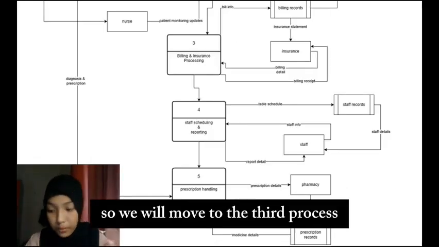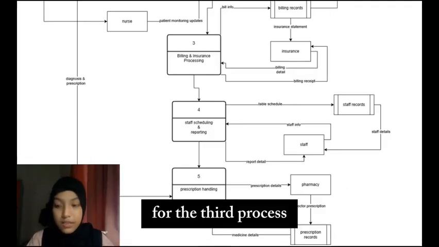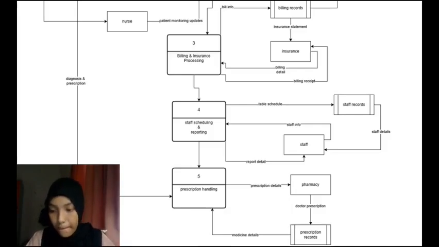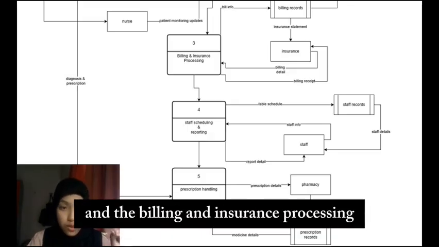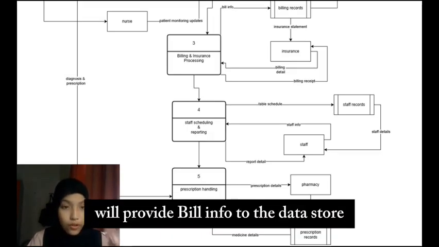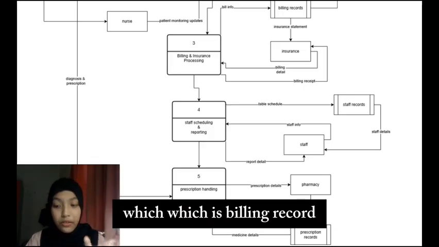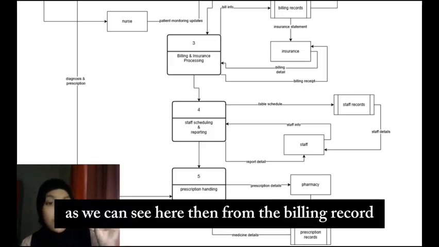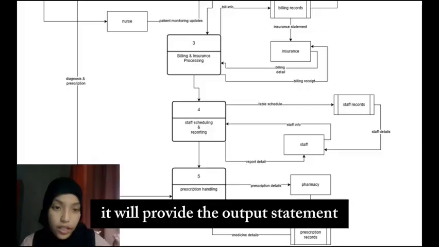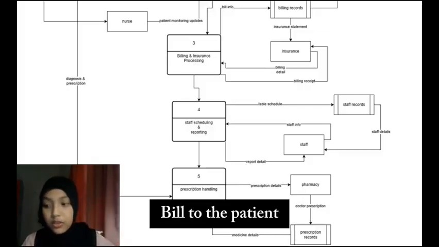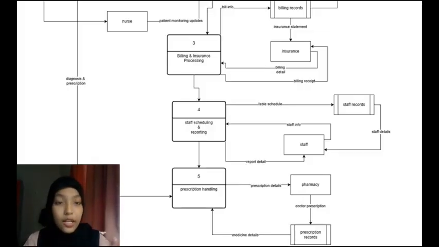We will move to the third process. The billing and insurance processing will provide bill info to the data store, which is billing record, as we can see here. Then from the billing record, it will provide the output statement bill to the patient entity.